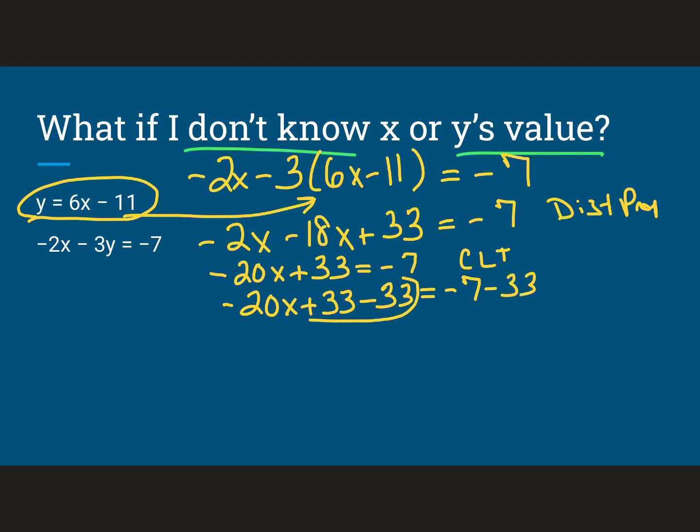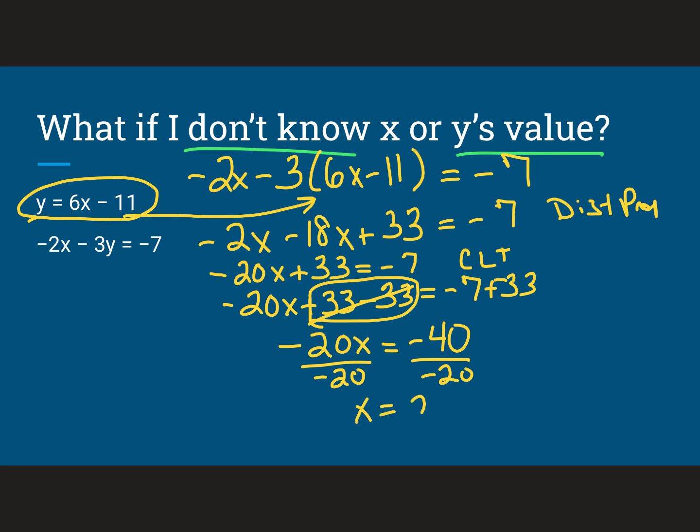So here, these are going to cancel. And I've got negative 20x equals negative 7 minus 33. Remember, that's the same thing as plus negative 33. So negative 7 plus negative 33 is negative 40. I'm going to divide both sides by negative 20. And that gives me x equals 2.